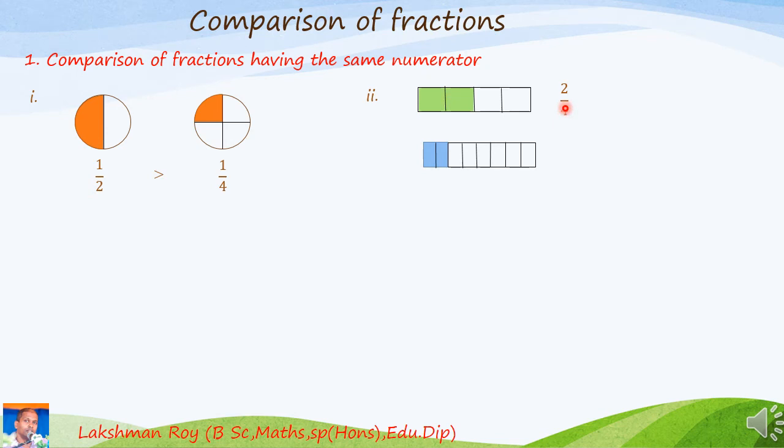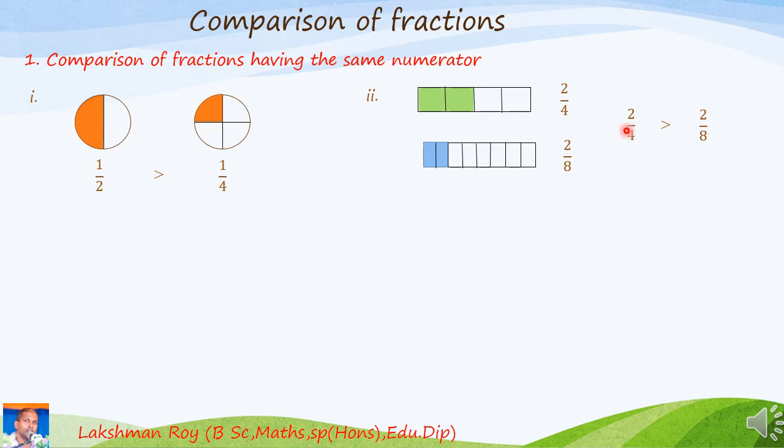What about the second figure? Divided into 8 parts, colored 2 parts. So now you can see the first fraction is 2/4, the second fraction is 2/8. What is big? In the picture you can see this green one is big, this portion is big, but the numerator is the same, so this part is big. So if the numerator is equal, how to select the big fraction without figures?